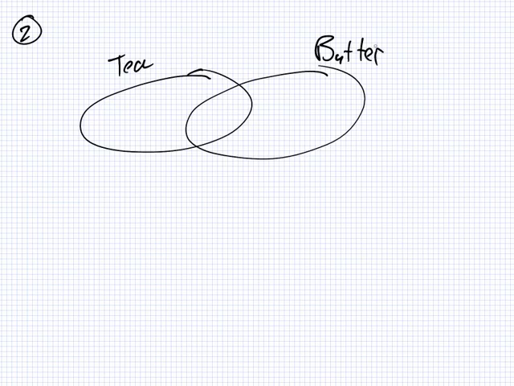The probability that the teacher will have tea and buttered toast is 0.1. The probability that the teacher will have tea is 0.5. So what do I need to put here? 0.4. What else are we told?